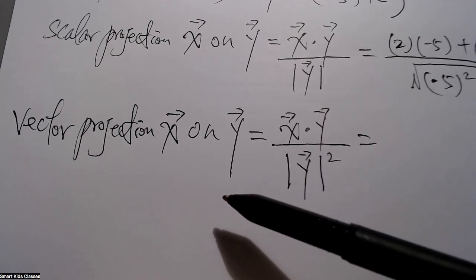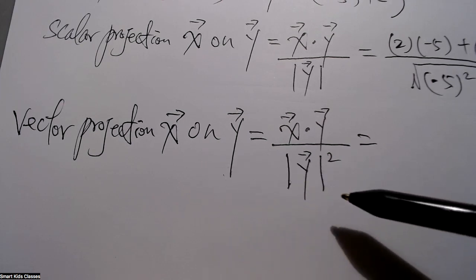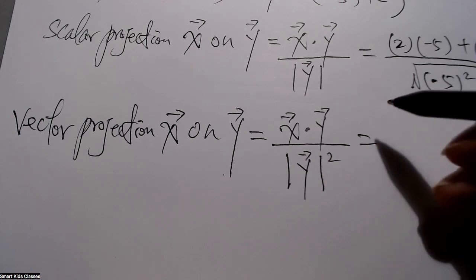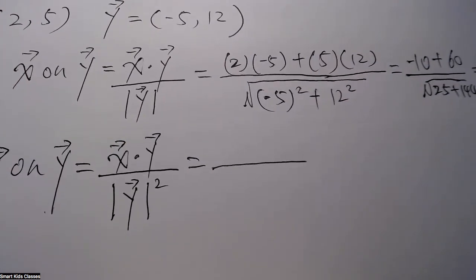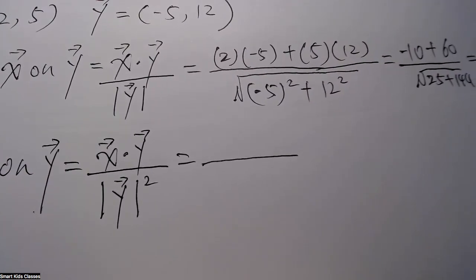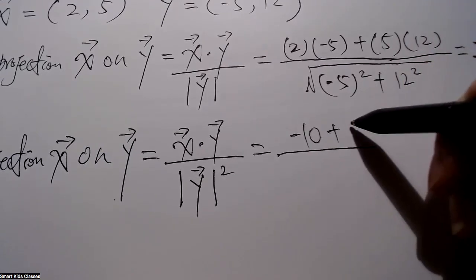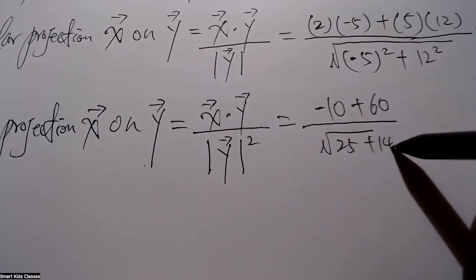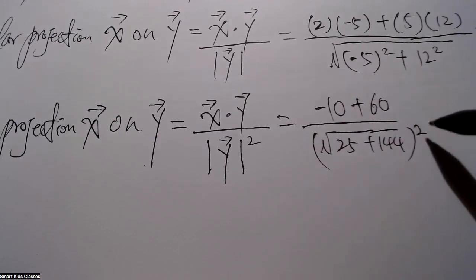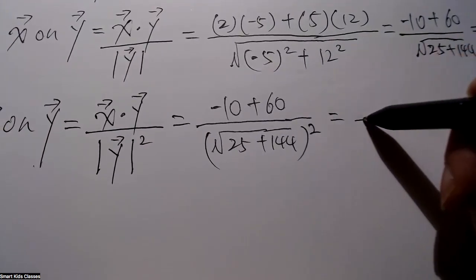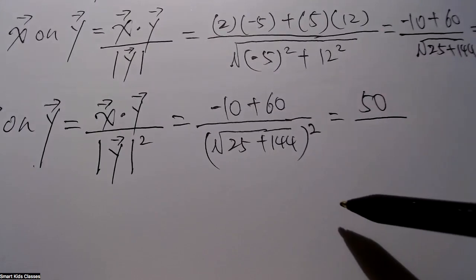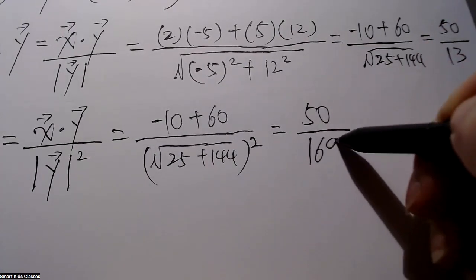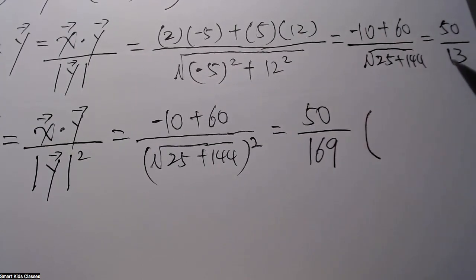The next part is the vector projection of vector x on vector y, and that's the formula: vector x dot vector y divided by the magnitude of vector y squared. We apply it, and since we already did the calculation, we directly write negative 10 plus 60, over the square root of 25 plus 144, in brackets squared. The numerator is 50, and from here we get 13. 13 squared is 169, and then we multiply by vector y.